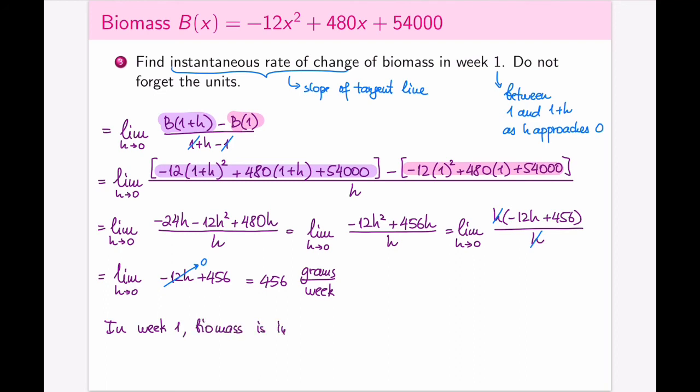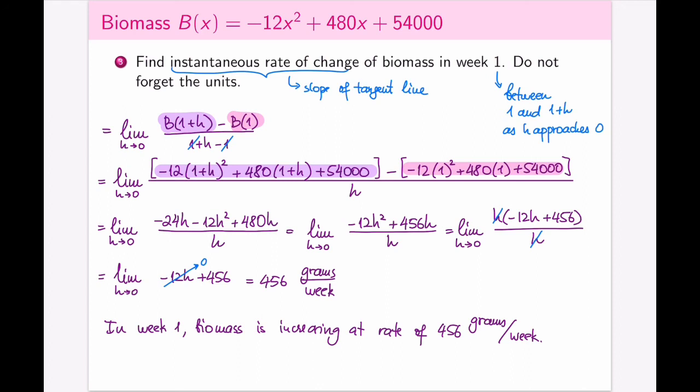So I can say it is increasing at the rate of 456 grams per week. Again, this is consistent with our observation of the graph actually increasing in week 1.